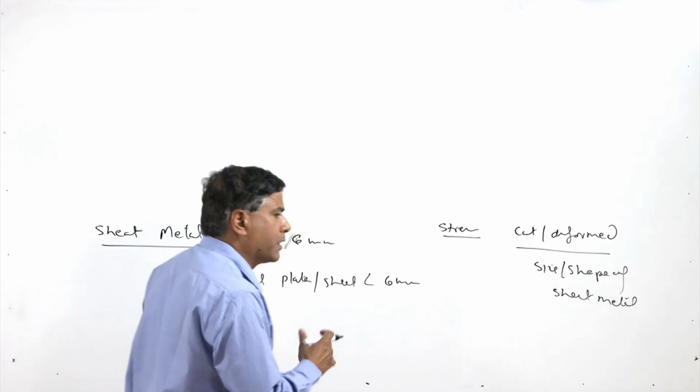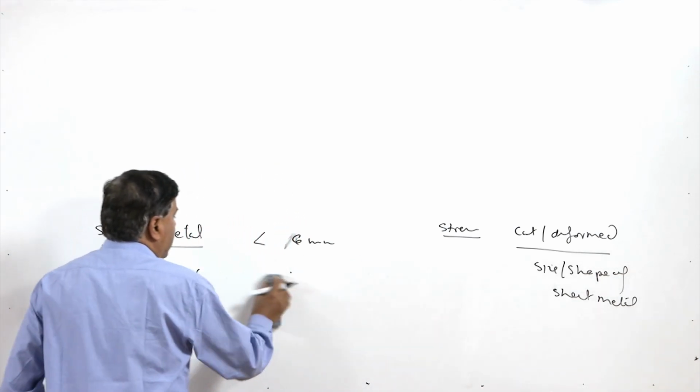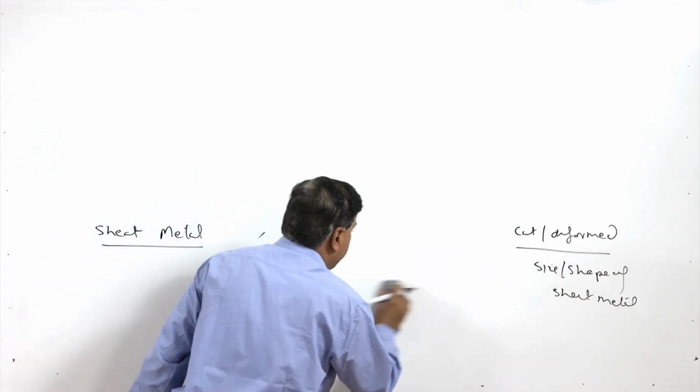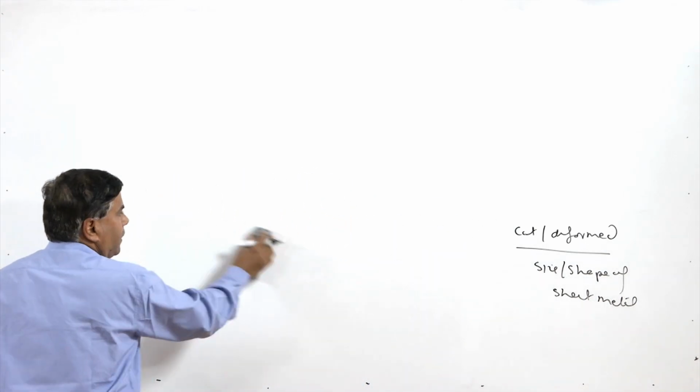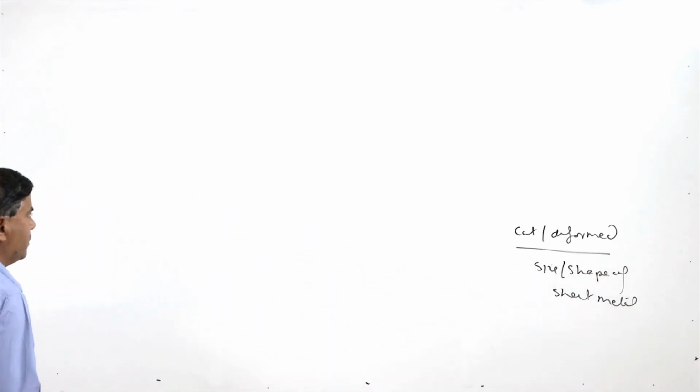So, basically for shaping and sizing purposes, the sheet metal is processed by application of force through deformation and cutting.